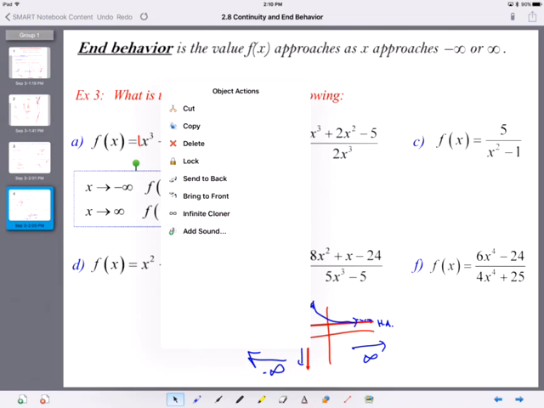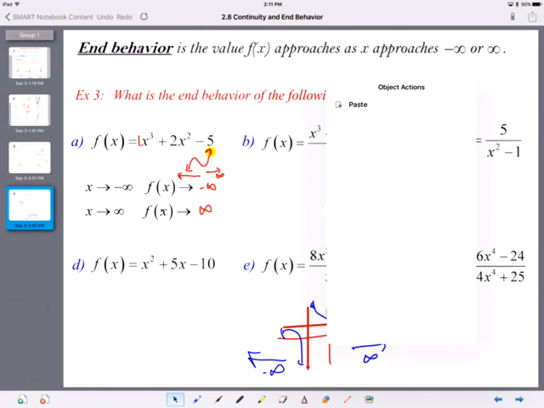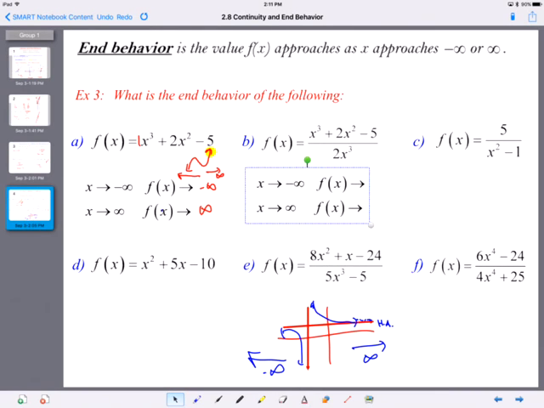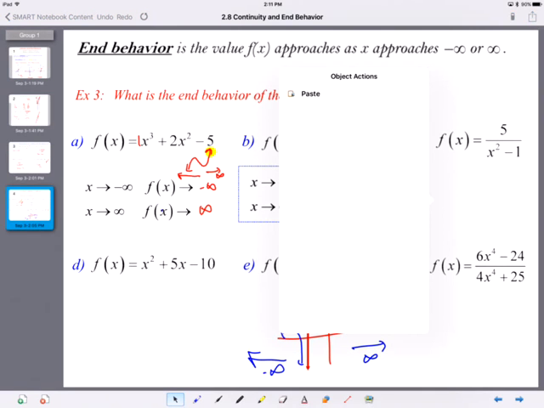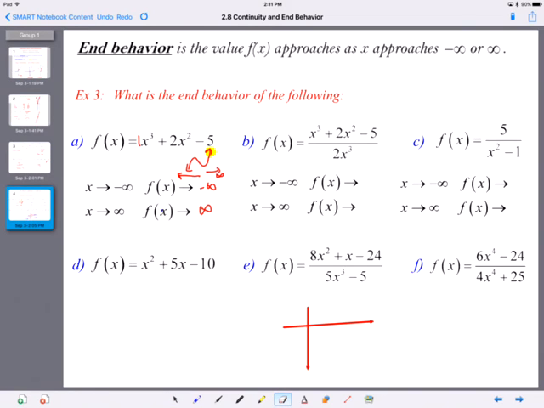So I'm going to take this, and we're going to answer these questions. Now looking at the horizontal asymptote. Alright, so on this one, on part B, you have degrees that are both 3.